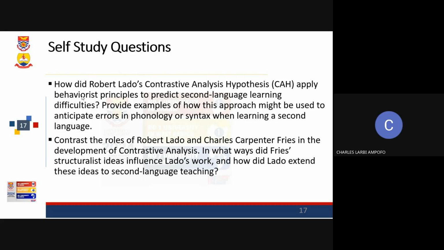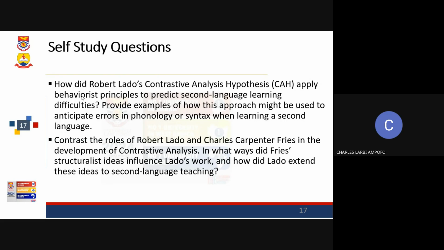So we have the strong version of contrastive analysis, and we also have the weak version. The strong version says that all errors committed by a learner of a second language are a result of transfer from his or her L1. Then the weak version says that yes, that is true, but there are other factors that may also cause people to commit errors in learning a second language.